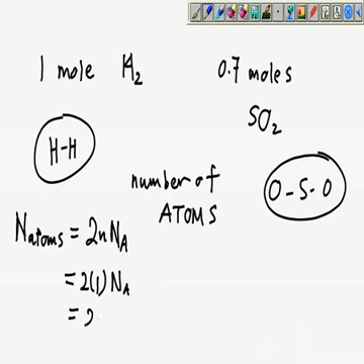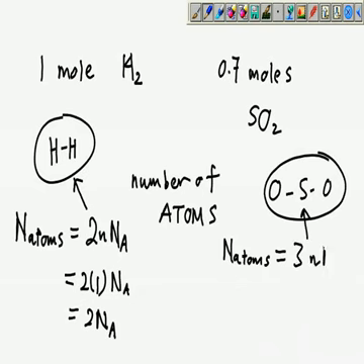Now let's check out this one. Number of atoms for sulfur dioxide. Why do I put 3? Because it has 3 atoms, times Na. Now I multiply the number of moles, 0.7. Why 0.7? Because it is given that the number of mole of sulfur dioxide is 0.7. Okay, so you have 2.1 Na.